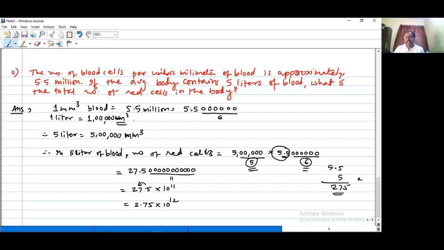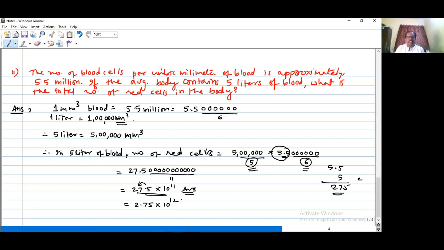There are 5 and 6. 5 plus 6, total 11 zeros we must have. Here after 27.5, you can count 1, 2, 3, 4, 5, 6, 7, 8, 9, 10, 11. So we have expressed the number in the power of 10 as 27.5 times 10 to the power 11. This is our answer: this many red cells will be there in a body.